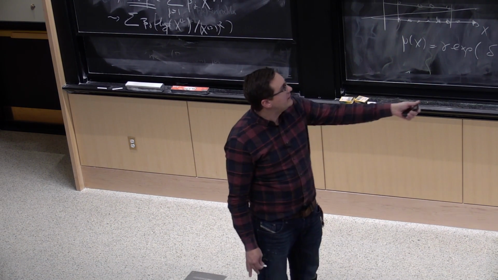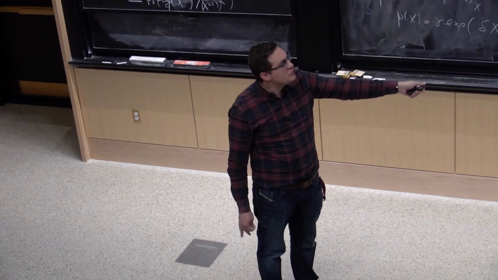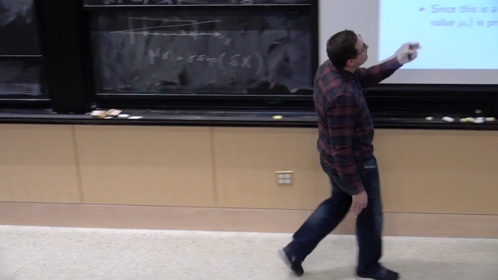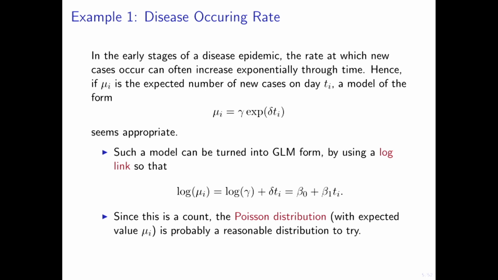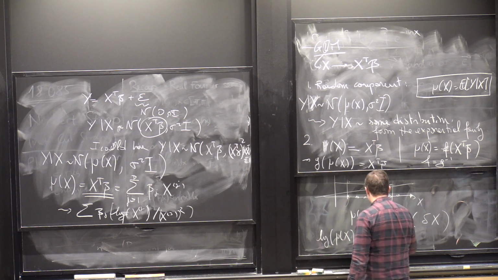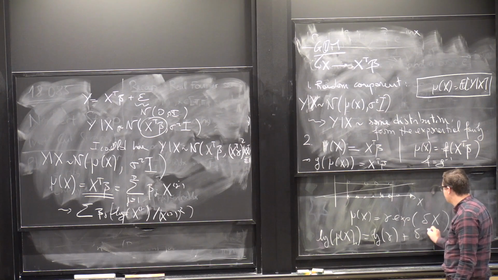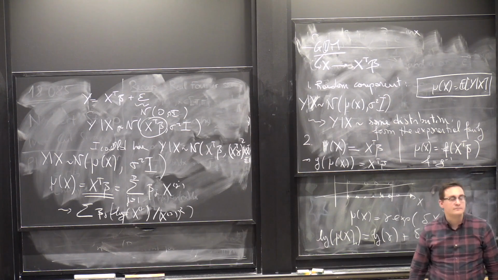So what I do here is that I say, well, first let me transform mu in such a way that I can hope to see something that's linear. So if I transform mu, I'm going to have log of mu, which is log of this thing, right? So log of mu of x is equal, well, to log of gamma plus log of exponential delta x, which is delta x.